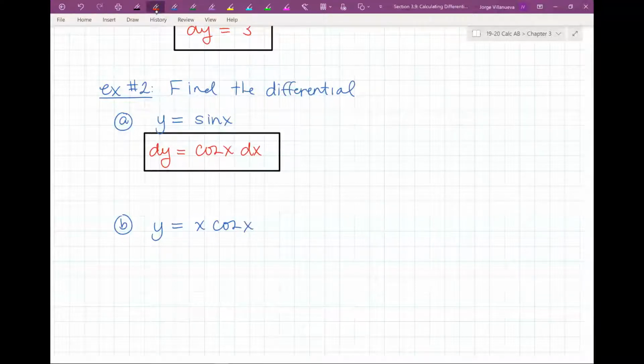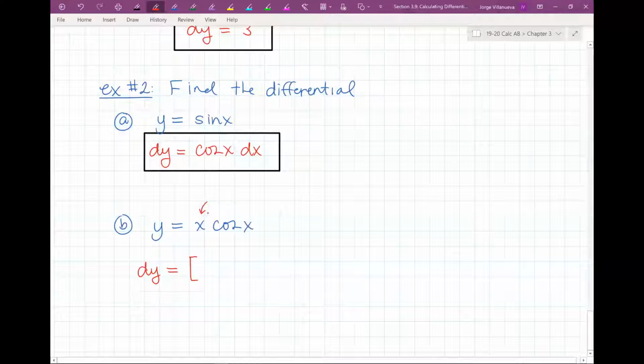So I'm going to take my derivative, or my differential, and I'm going to write dy equals. Now I know there's going to be a dx at the end, but I'm just going to wait till after I'm done. So the derivative of x cosine of x. That means I have to take the derivative of x first.